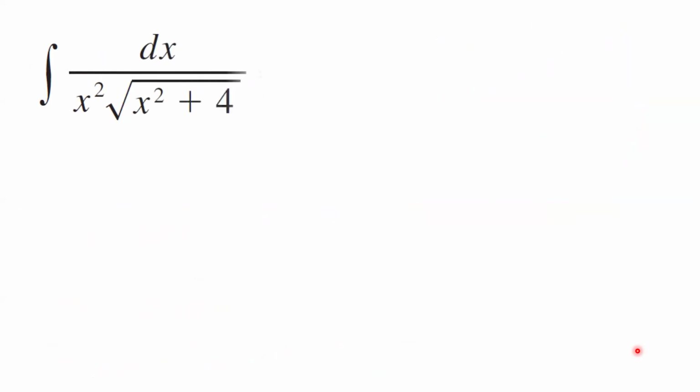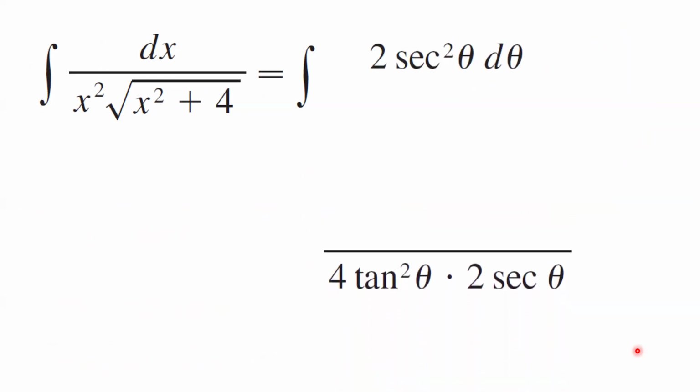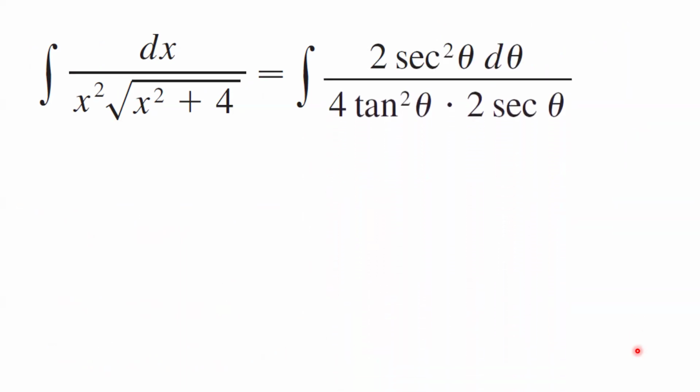Very well. On the next step, we're going to see how this integral becomes an integral in theta. On the numerator, you end up with 2 secant squared theta d theta. And on the denominator, you have 4 tangent squared theta times 2 secant theta.